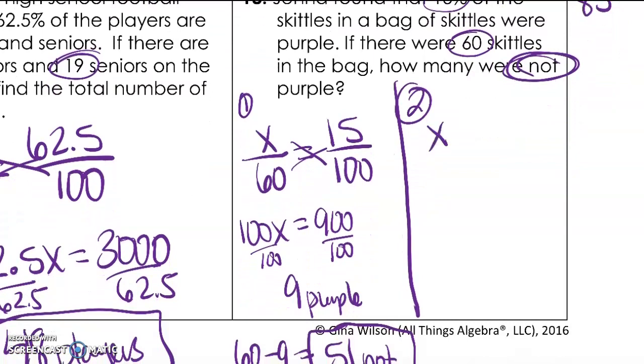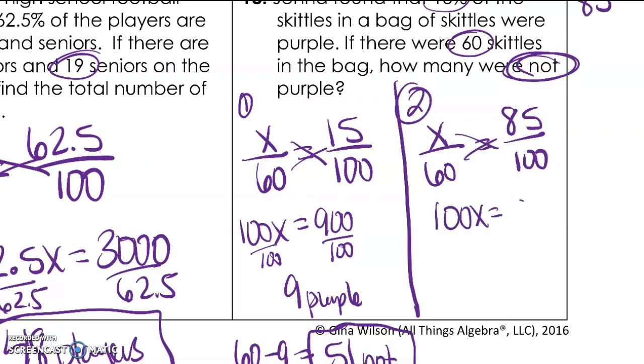So you could do x over 60 equals 85 over 100. So 100x equals 5100. Divide, divide, and then you get your 51 not purple right off the bat.